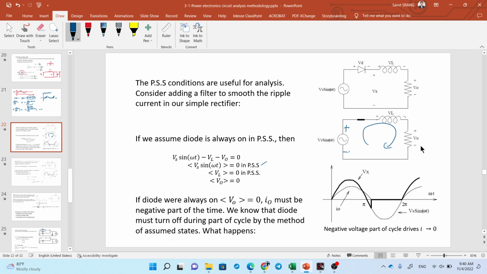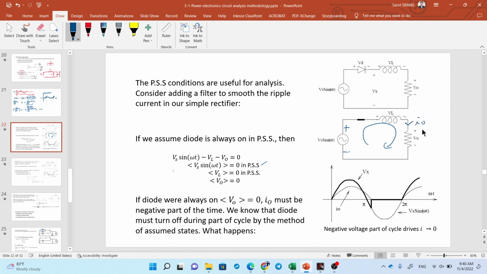So what does this imply? It implies that if the diode were always on and the average value of V0 is 0, then V0 has negative value, right? If it has negative value, then current also has negative value, right? Because the current on V0, or the current on the resistor, always has the same sign as V0.